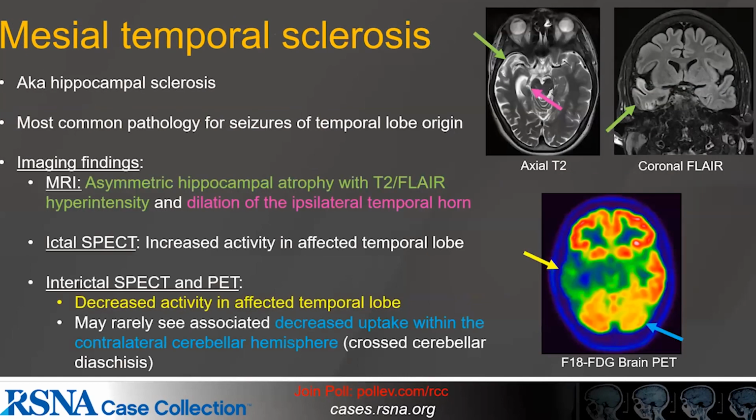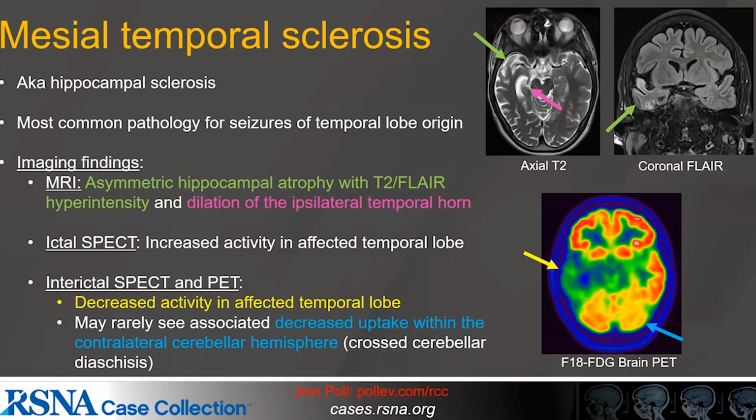Next. So mesial temporal sclerosis, which is also known as hippocampal sclerosis, is the most common cause of temporal epilepsy. The imaging findings, which are nicely demonstrated in this case, include volume loss on anatomic imaging and increased T2 FLAIR MRI signal in the affected temporal lobe on MRI.